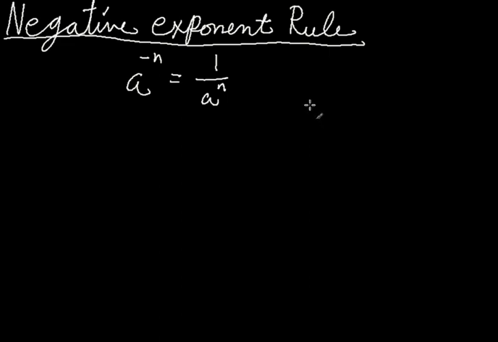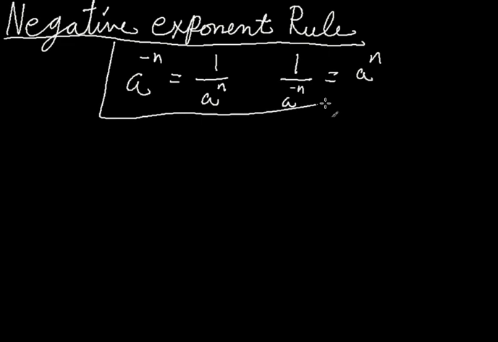This can also be written another way. If you have 1 over a to the negative n, this is a to the n. So you can flip it again. This is the one that usually gets lost in students' minds and students' notes. This one is kind of left behind, so we don't want to lose that one.